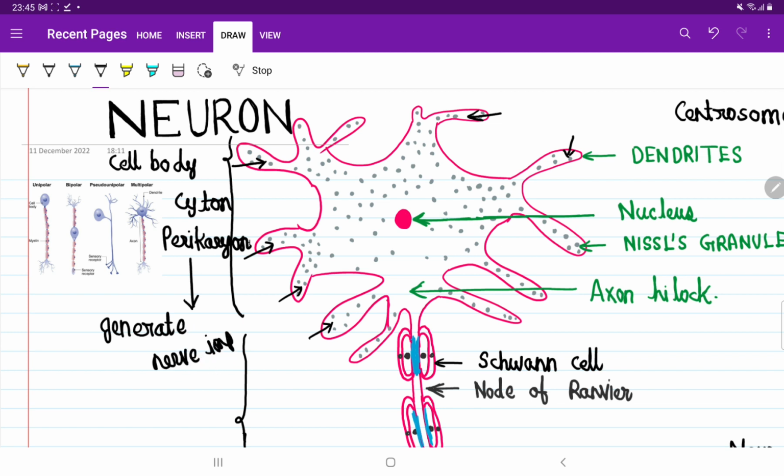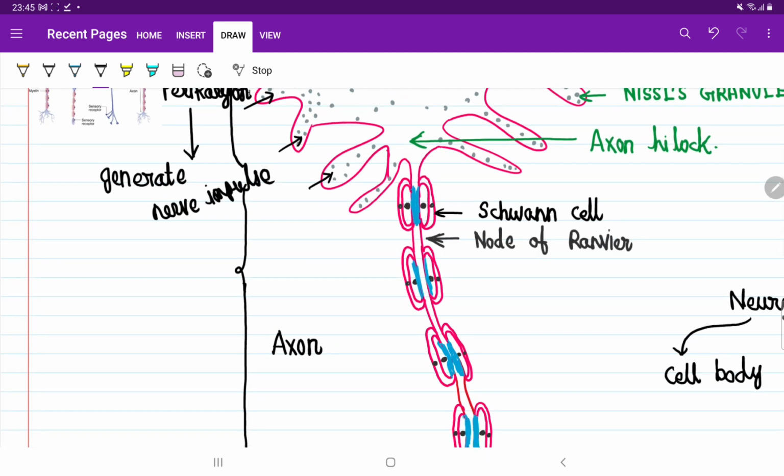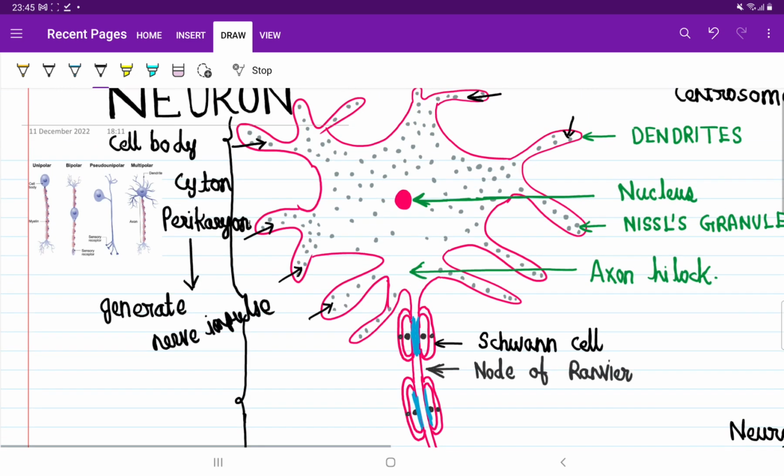After generation of nerve impulse, this nerve impulse must go to the brain or spinal cord for decoding. Like you are hearing one sound. Now is that sound a human sound or a tiger sound, or your mother calling you? You have to decode it. So how will it be decoded? First, sound waves will be detected by the dendrites.